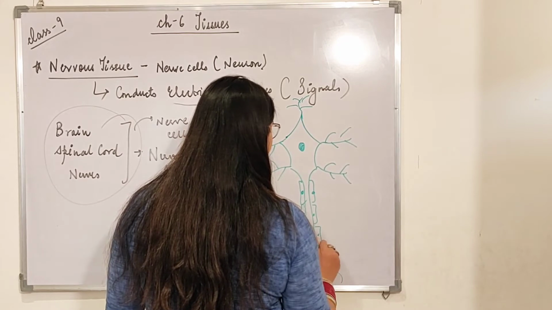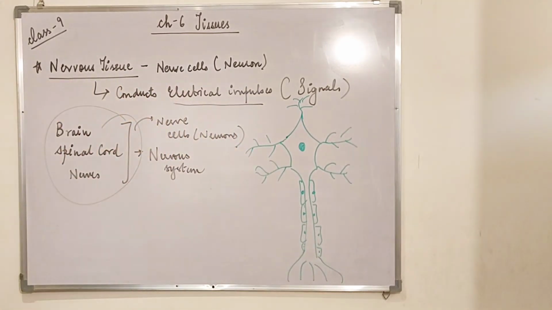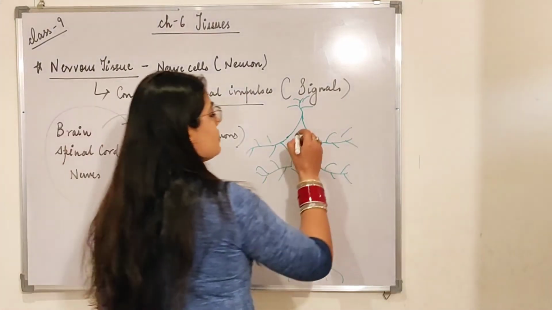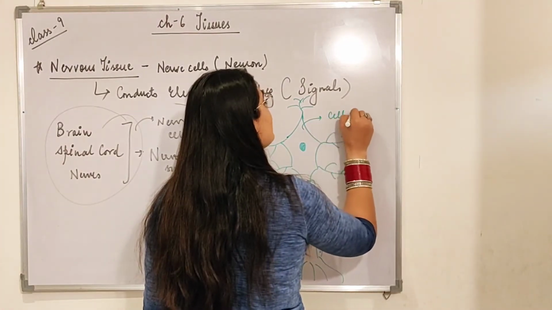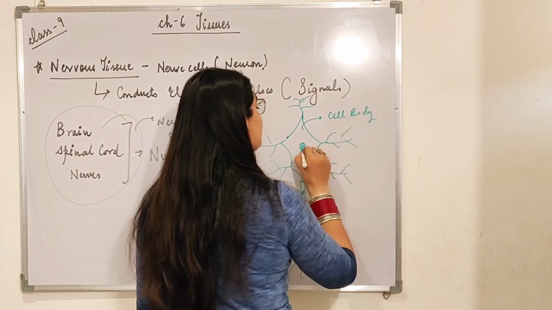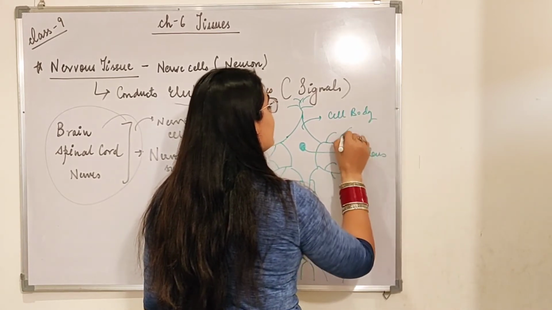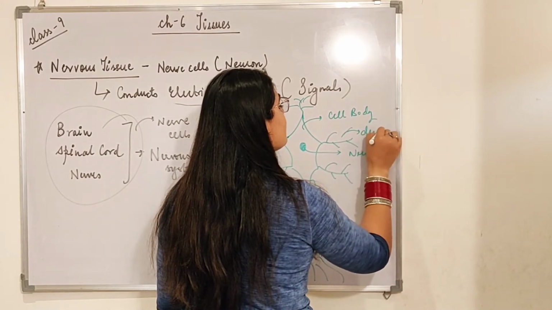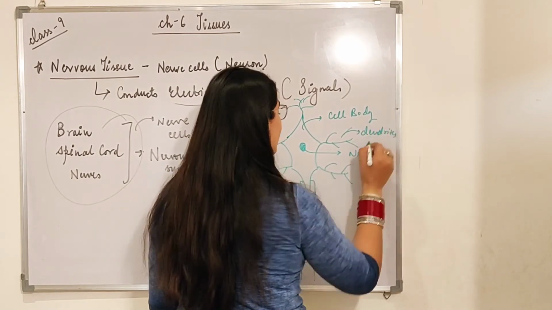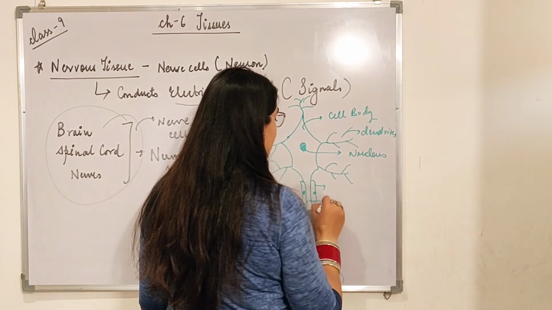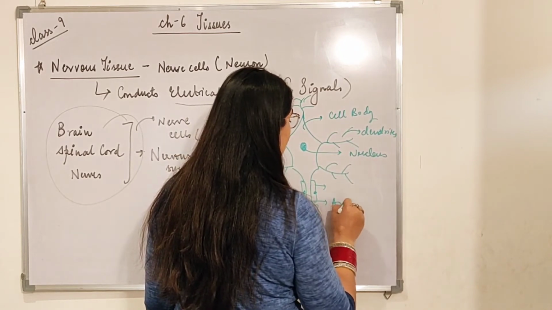First, the topmost structure that we have drawn is your cell body. Inside the cell body, there is a nucleus, and this is dendrites. You can label it dendrites. Then this is the axon.